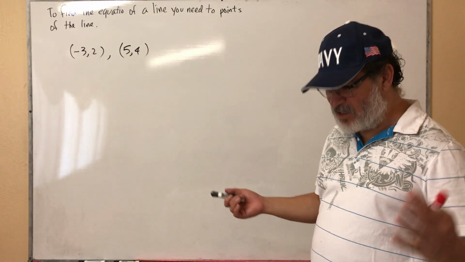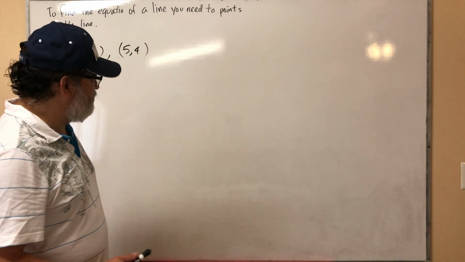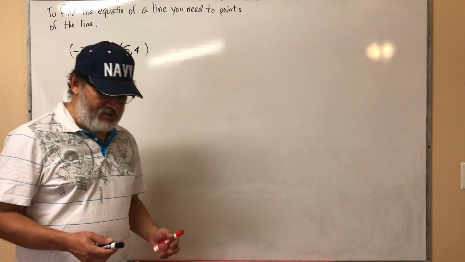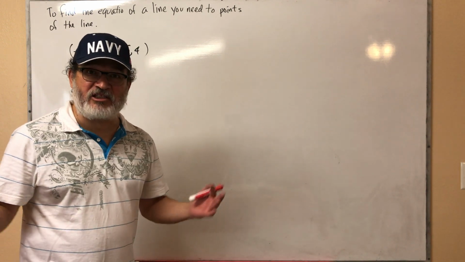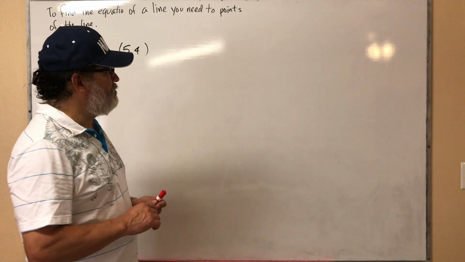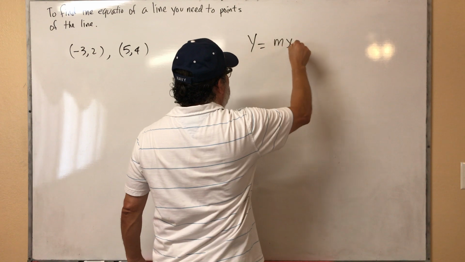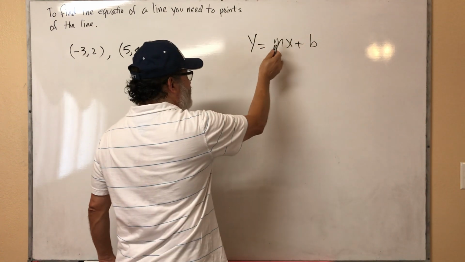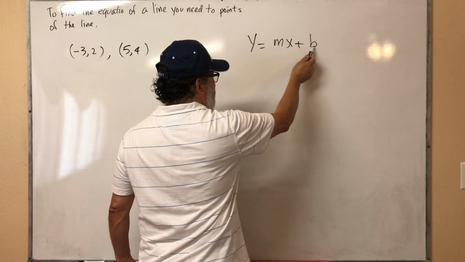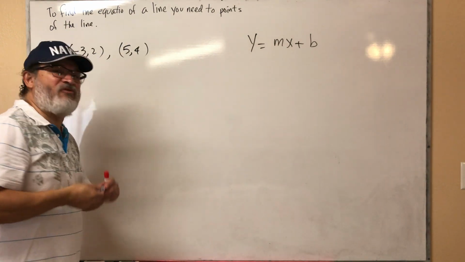You say, yes, I can. That's easy. The first thing I have to do is find the slope, because y equals mx plus b. You need the slope, and you need to find the y-intercept.